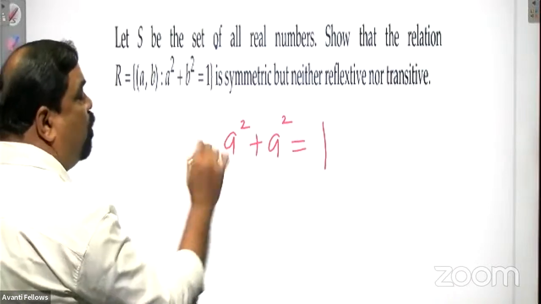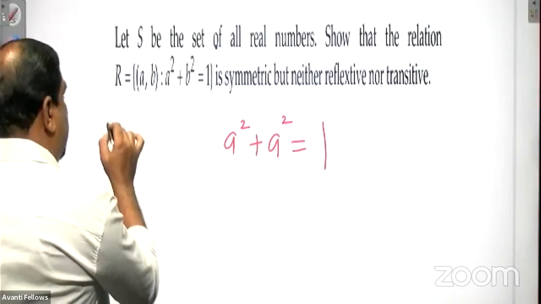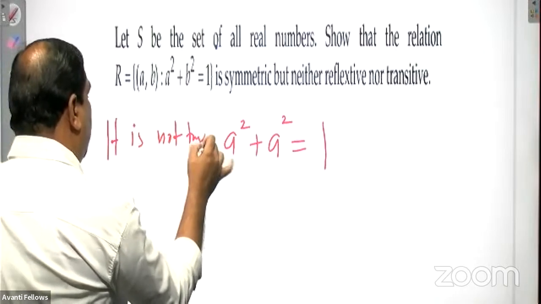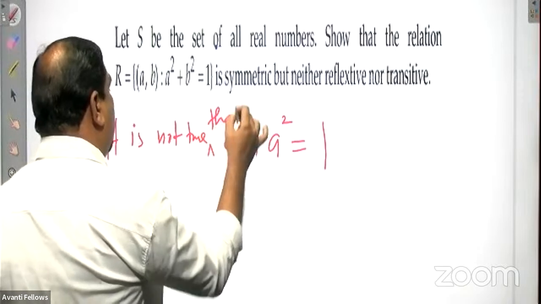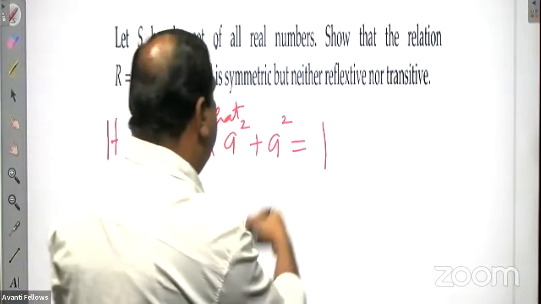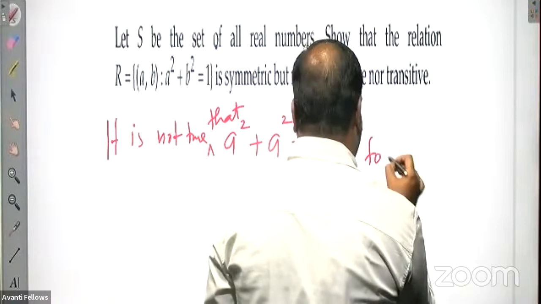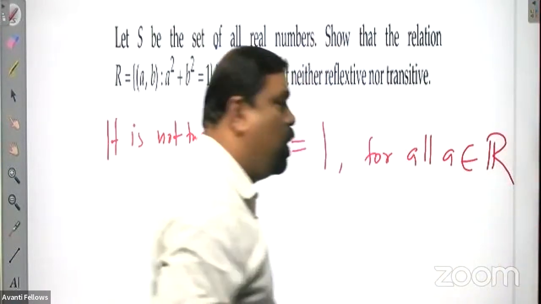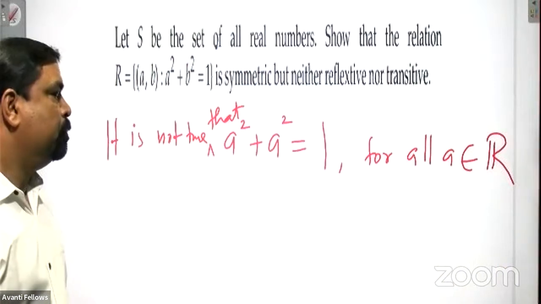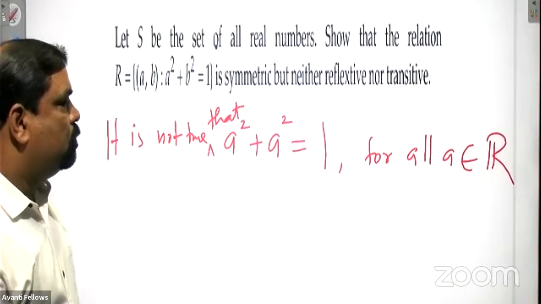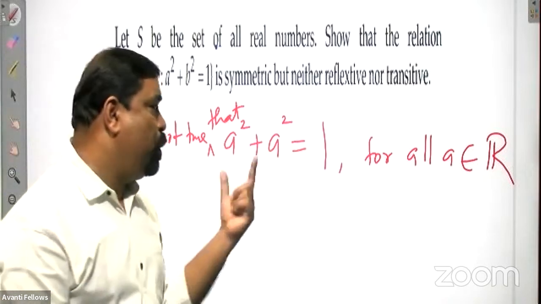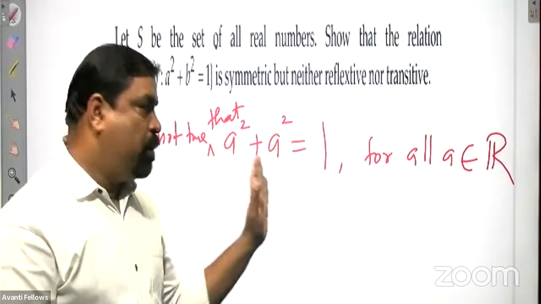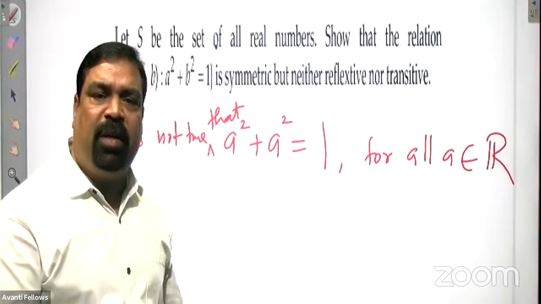So that we have to write. It is not true that A square plus A square equal to 1 for all real numbers A. A square plus A square equal 1 means actually 2A square equal 1, which means A square is 1 by 2, which means A is equal to plus or minus 1 by root 2.